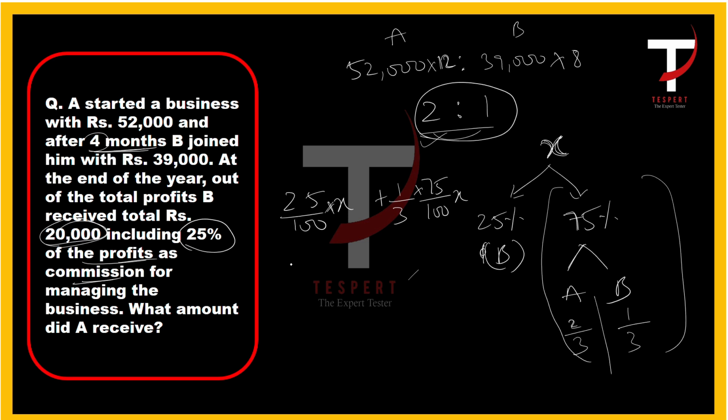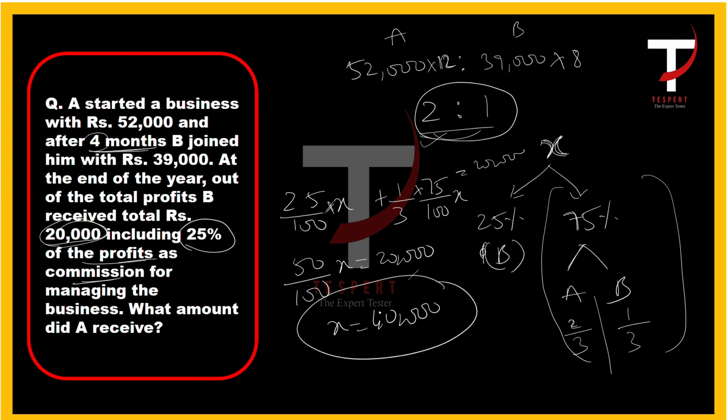So let's calculate this first. 50 by 100 into X will be equal to 20,000. So 50 by 100 X is equal to 20,000, and X will be equal to 40,000. So the total profit is 40,000, and out of this 40,000, B already received 20,000. So how much does A receive?